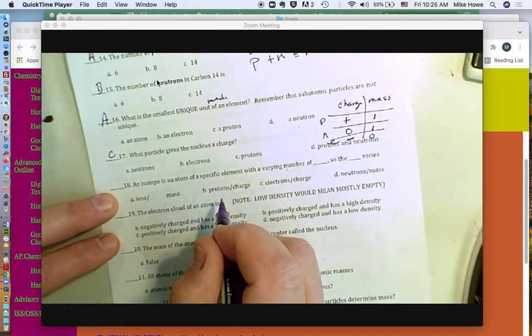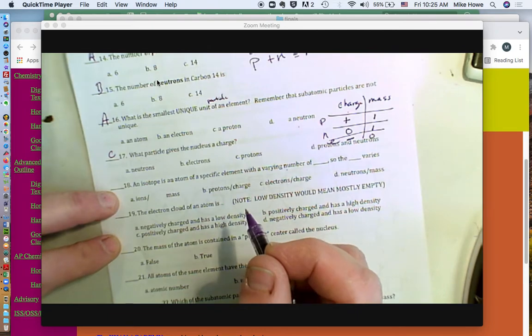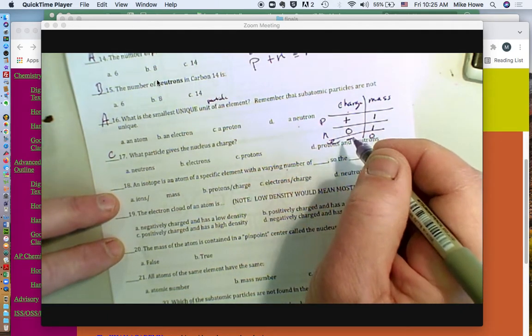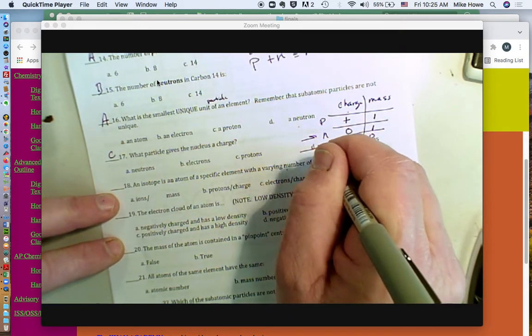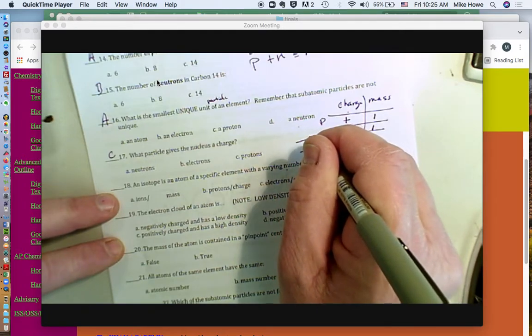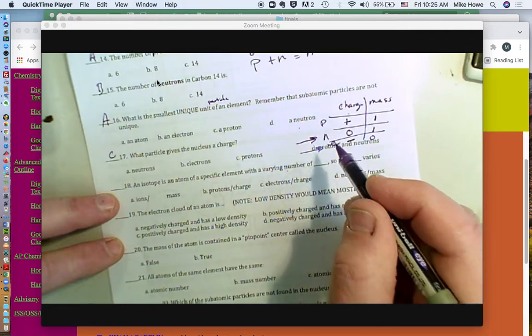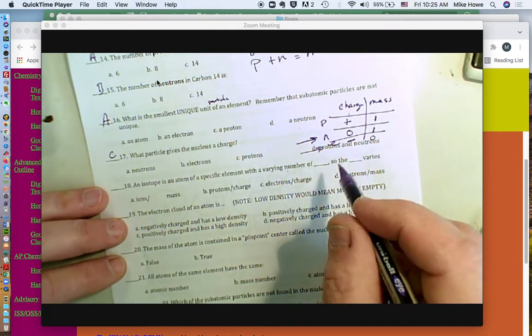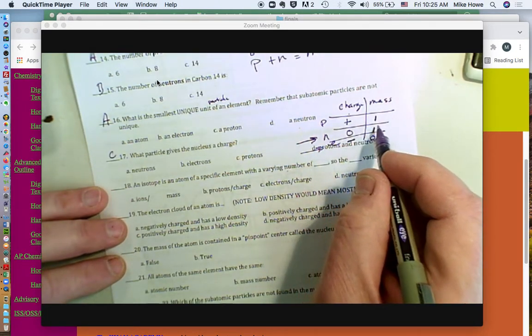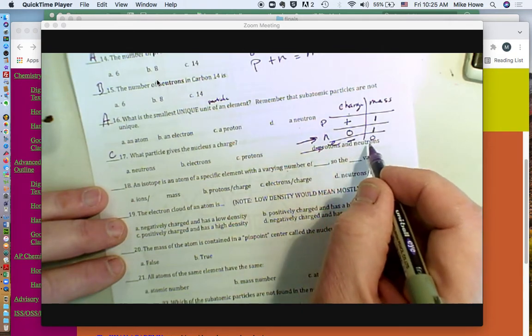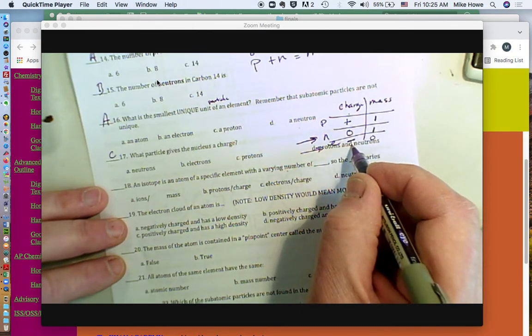Isotopes go back to things that can change in the atom. There are two things that can change. Neutrons and electrons can change and not change the identity of the atom. Protons, if they change the identity, like I said a minute ago. So the neutrons, if they change, that's going to change the mass. If the electrons change, that's going to change the charge.